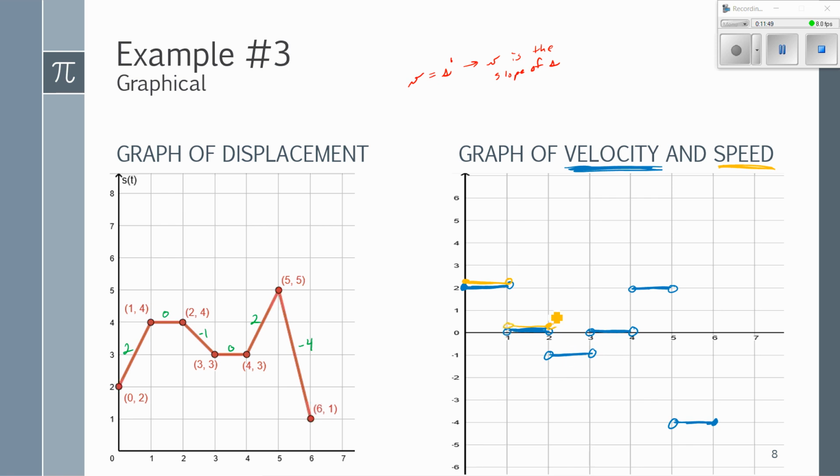From 2 to 3, makes it +1 for the speed. 3 to 4, speed is the same as velocity. From 4 to 5, speed is the same as velocity. But then from 5 to 6, I need to make that positive, so speed would be a +4. One way to think about it is we're just taking anything that's below the x-axis and reflecting it over into the first quadrant.